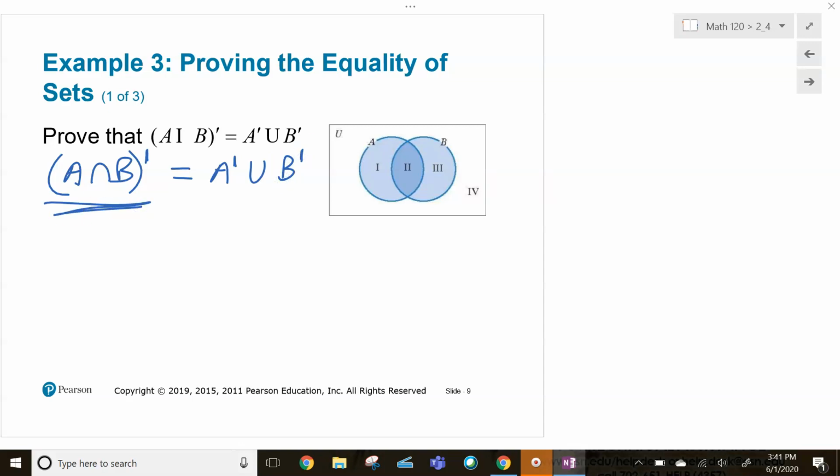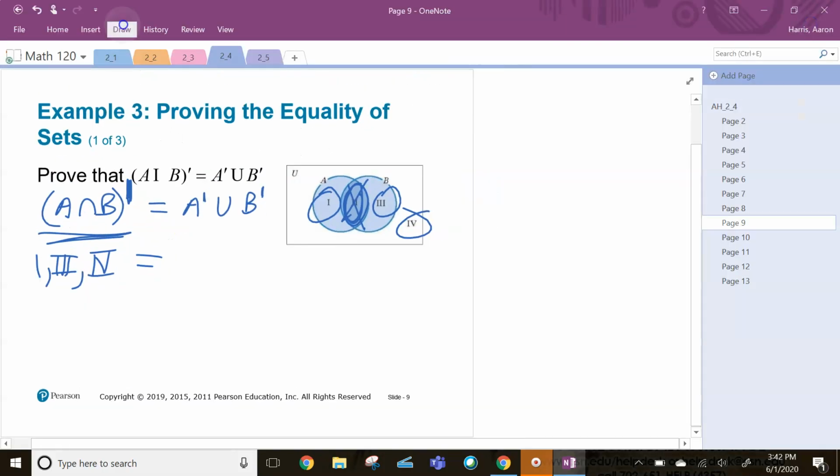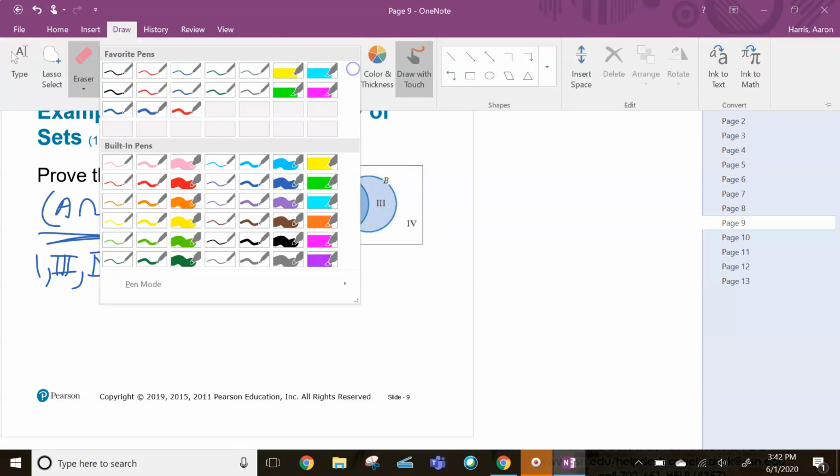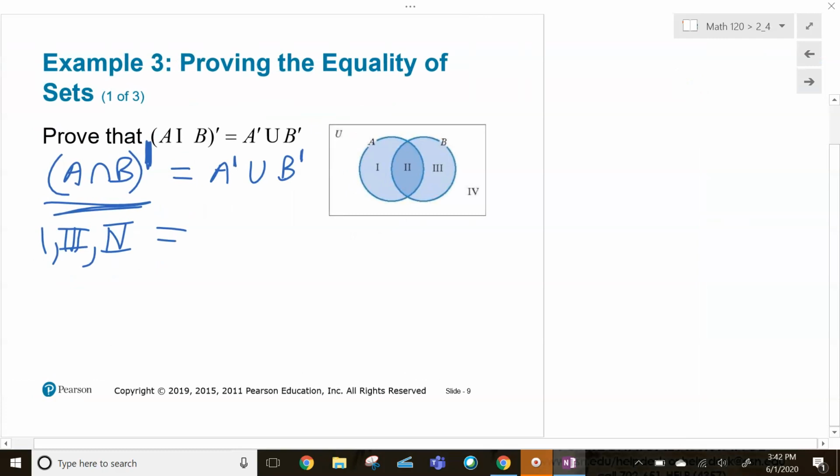Okay, so let's work with the left-hand side. First of all, who's in A and B? Well, 2 is in A and B, right? So if I'm going to take the complement of that, so not 2, then I'm left with 1, 3, and 4. Now, is that really equal to what we get on the right-hand side? Not A would be 3 and 4.